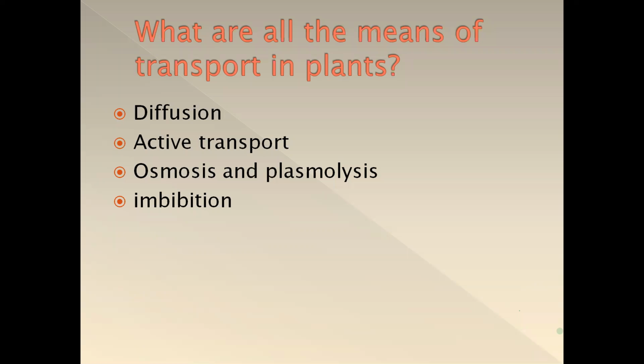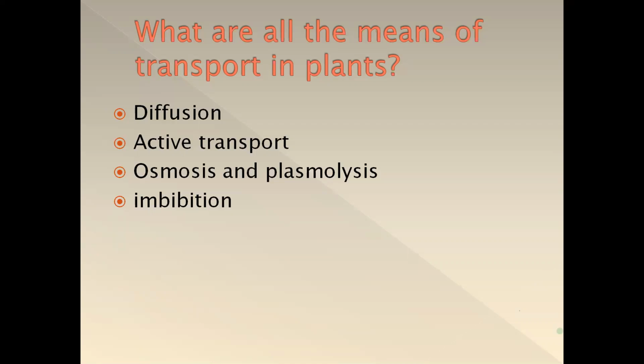Diffusion. What is the first process? Diffusion. Second one is active transport. What is that? Active transport. Third one is osmosis, plasmolysis. What is that? Osmosis, plasmolysis. And fourth one is imbibition. Okay, so if you are asked this question in your question paper, just remember the airway, roadway, railway, shipway, means of transport.